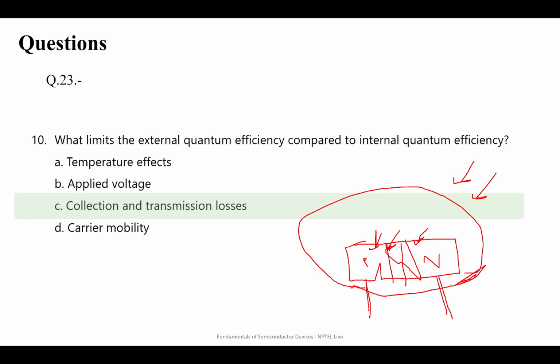It won't be completely absorbed, right? It will also reflect back from the surface. So that is what your external quantum efficiency is. It is a more realistic term compared to internal quantum efficiency.